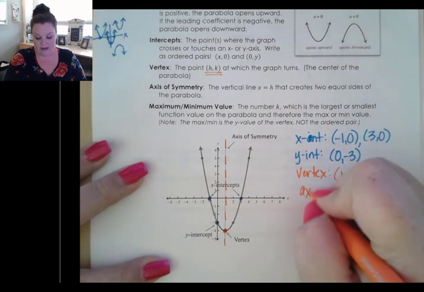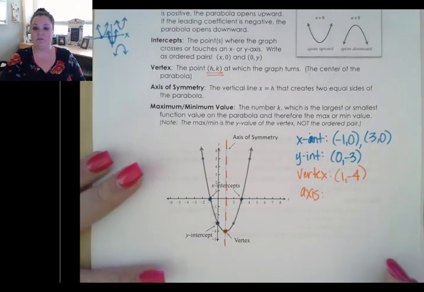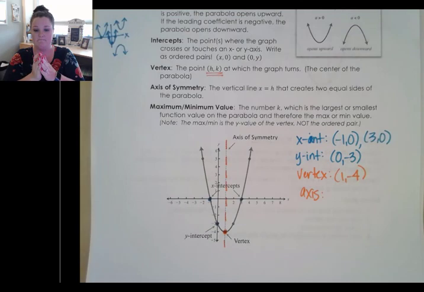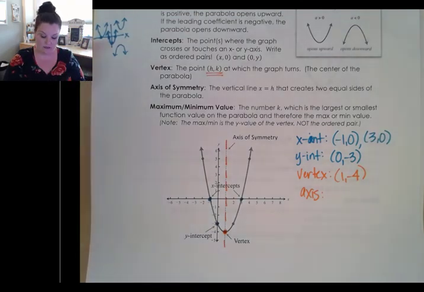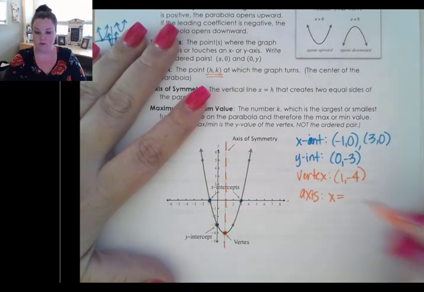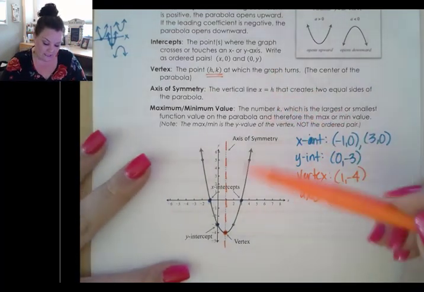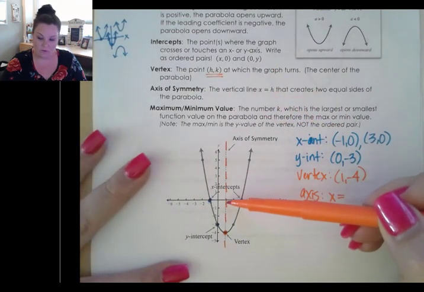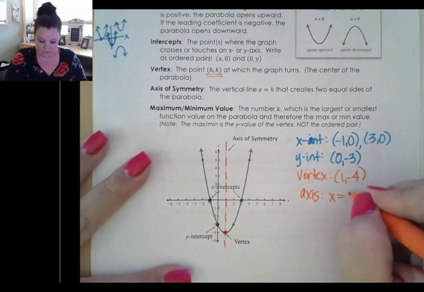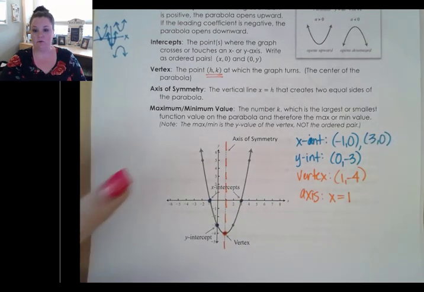So when we write a vertical line, we can write vertical lines like that, which go through an x value, right? So we could write this as x equals whatever value that line goes through. So we can see here on our x-axis that it goes through x equals 1. So that would be the line x equals 1.